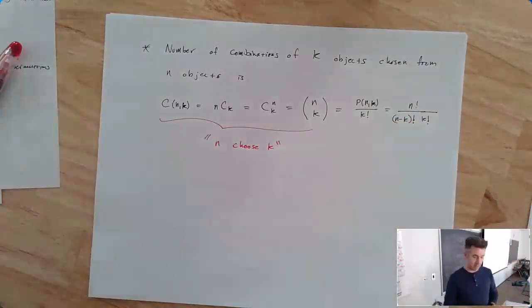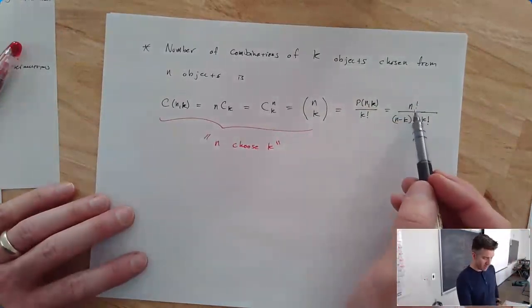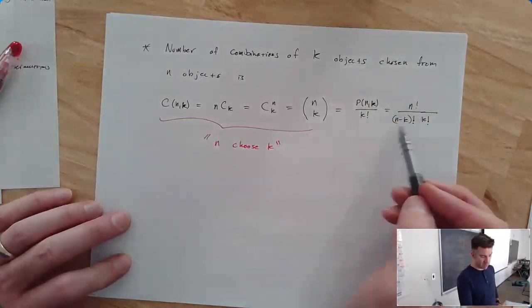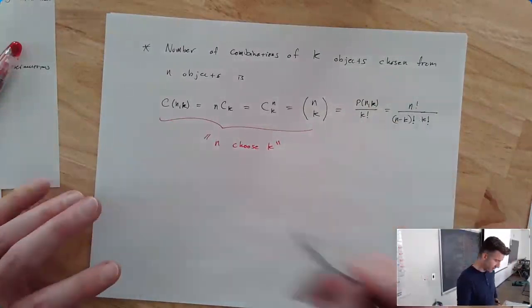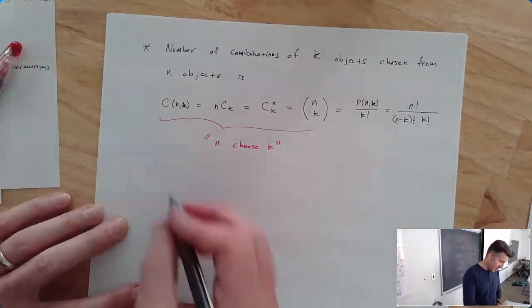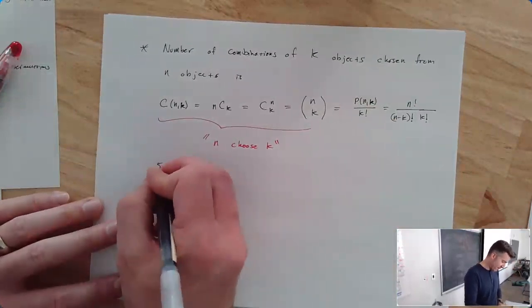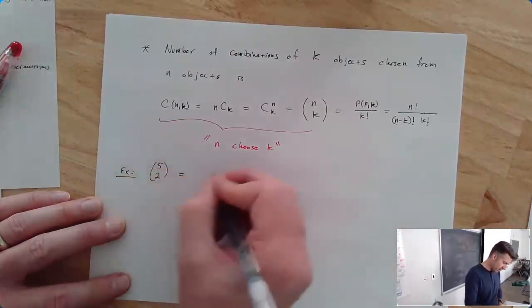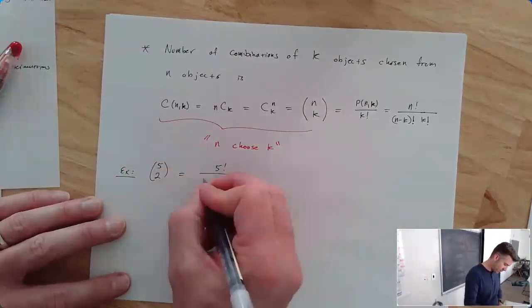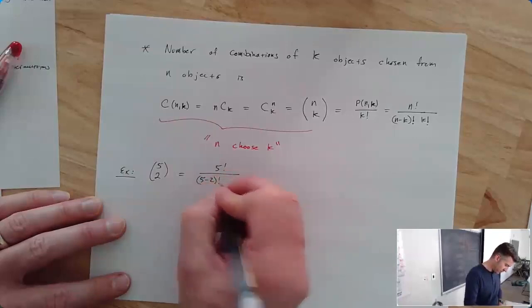The way I always think about it is you're going to have some N factorial on top, and then the two factorials on the bottom. The numbers that you're taking the factorials of should both add up to whatever that number is up there. So for example, to see that previous example again, if I was trying to find 5 choose 2, it would be 5 factorial over 5 minus 2 factorial times 2 factorial.